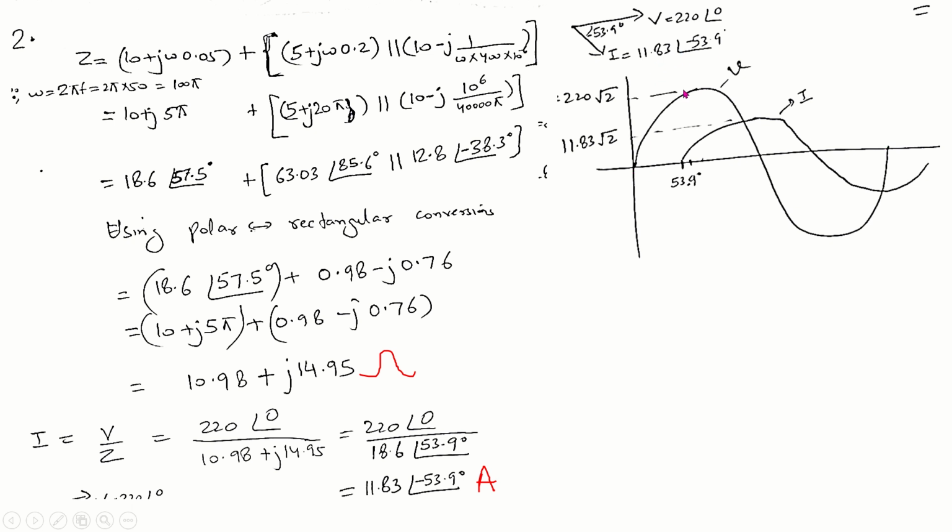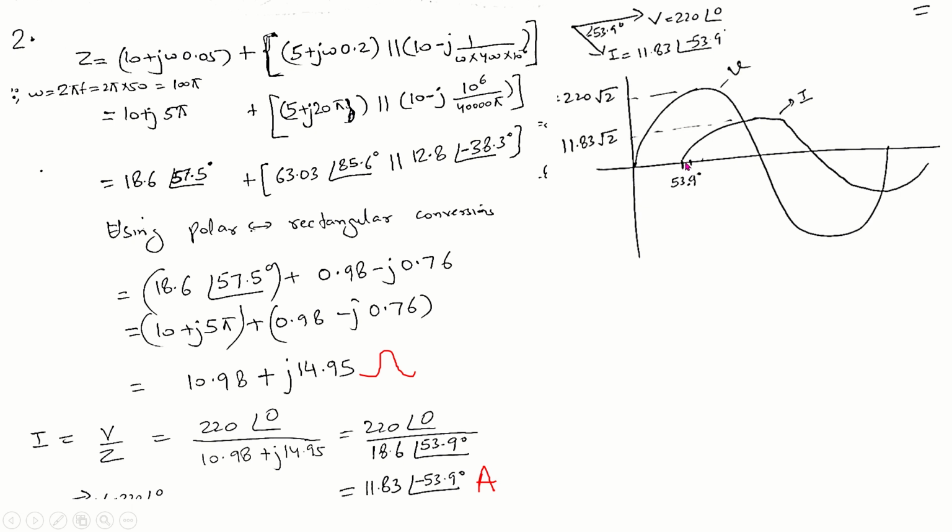And for current, we have a lagging current, similar to what we studied in purely resistive, purely inductive, and purely capacitive circuits, regarding which quantity lags which. Applying the same concept here, 53.9 degrees lagging means that the current will start 53.9 degrees after the start of the voltage.